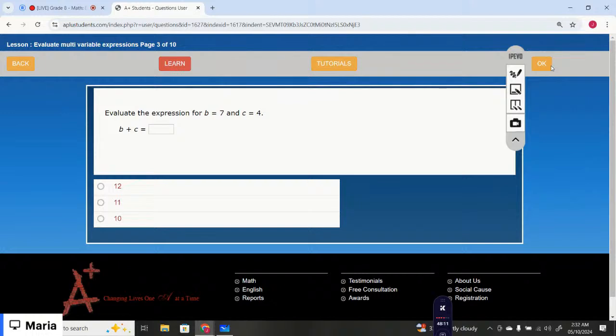Okay, the next one is evaluate the expression for B equals 7 and C equals 4. The expression is B plus C. So which is the correct option?